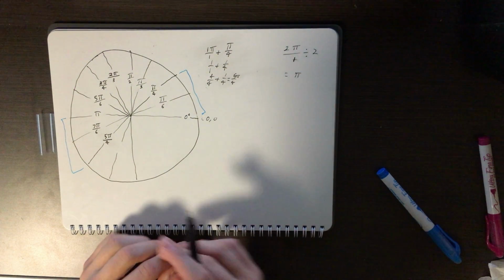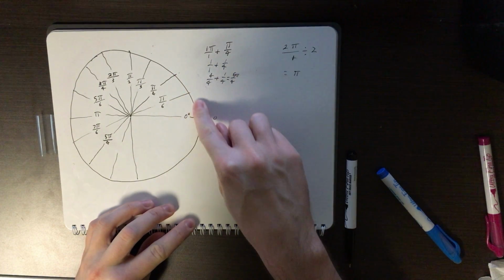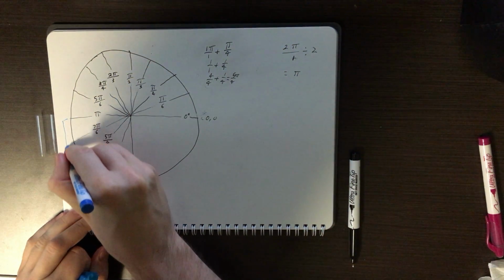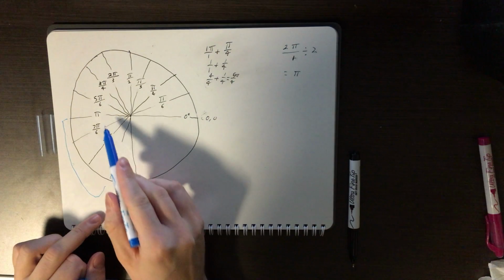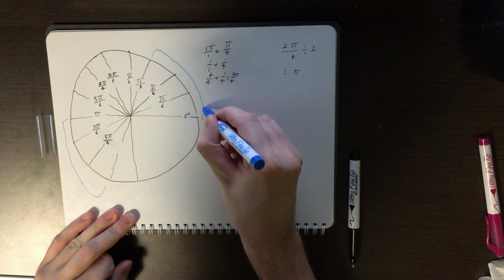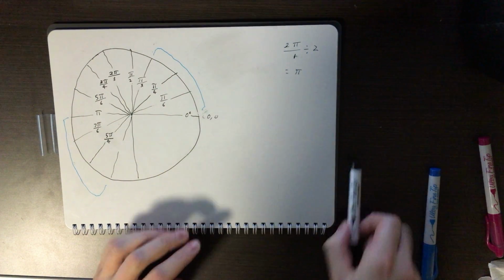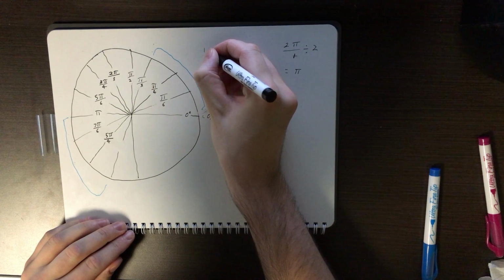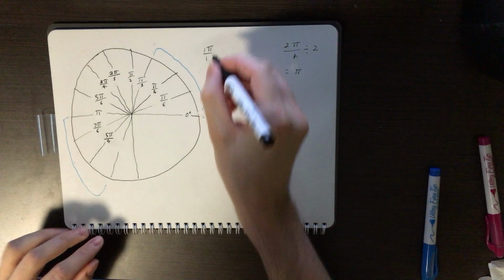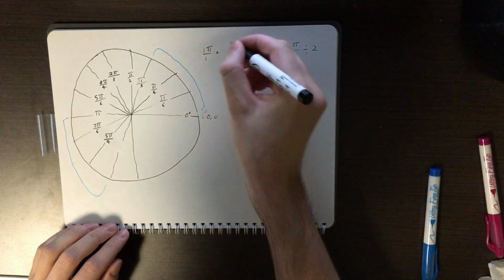Alright, so now we want to find this quadrant right here, which is this distance from pi. So this distance right here is going to be the same distance as this distance. So again, we have our 1 pi plus this distance right here, which is the same as this. So pi over 3.